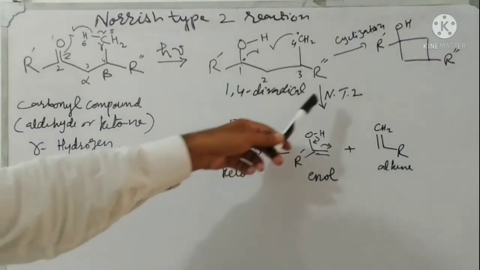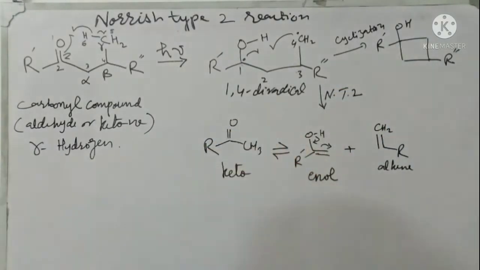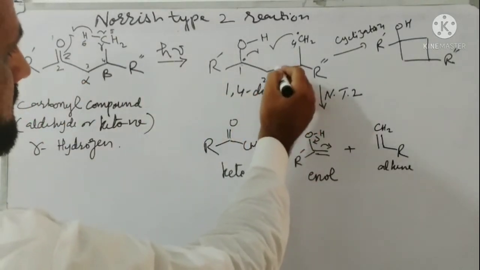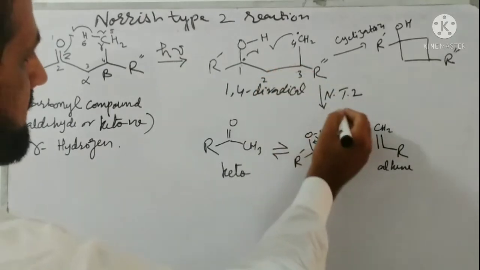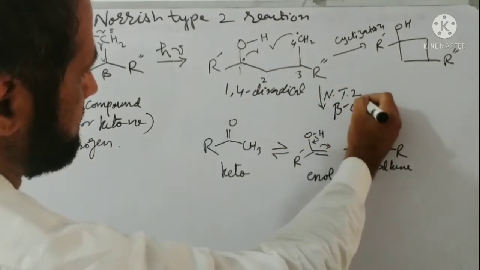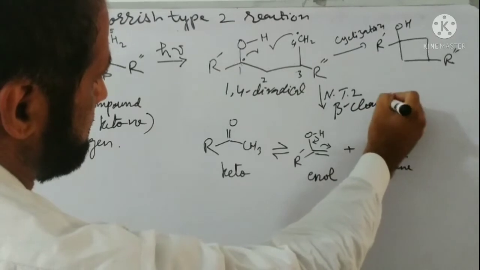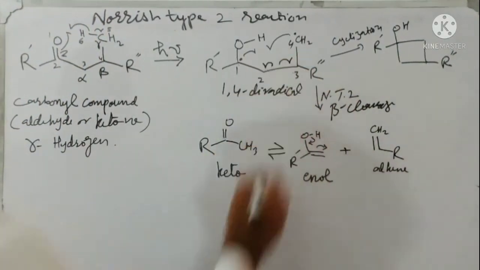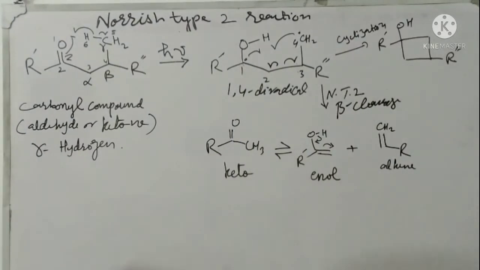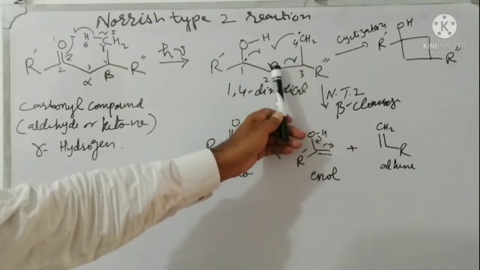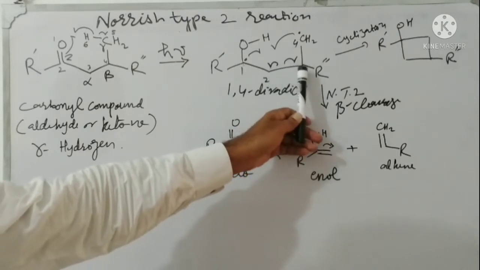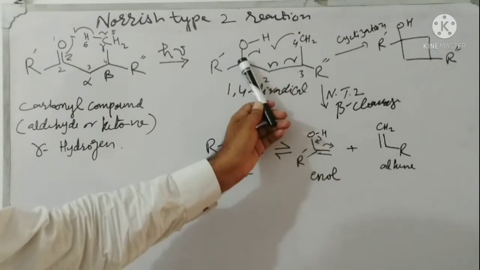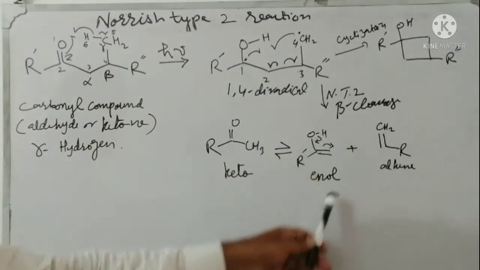The second opportunity is if it goes into Norrish type 2 reaction, then the bond between this 2 and 3 carbon, this is basically beta cleavage, occurs. So beta cleavage occurs, then this bond is broken. What we get is homolytic cleavage of this bond, this radical and this radical combine to form an alkene, and this radical combines to form an enol.